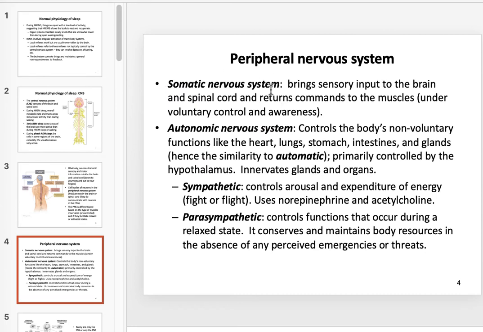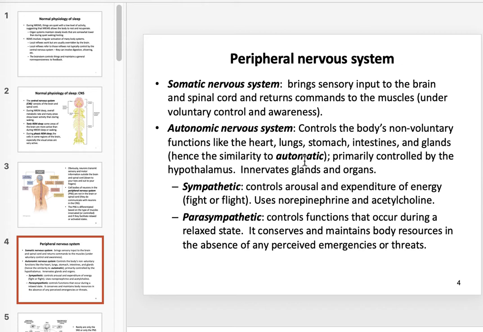Okay, so the somatic nervous system is our voluntary control. Autonomic sounds like automatic, and so our autonomic nervous system handles the intestines, glands, our spleen, our kidneys, all that stuff.